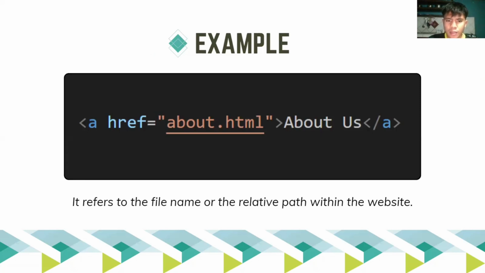Then as the user clicks the about us, you will go to the about web page, but it's still in the same website that is included in the about us web page.